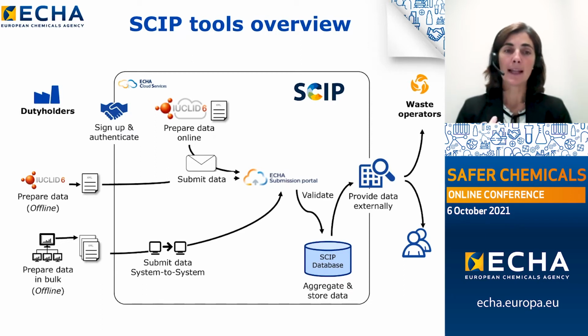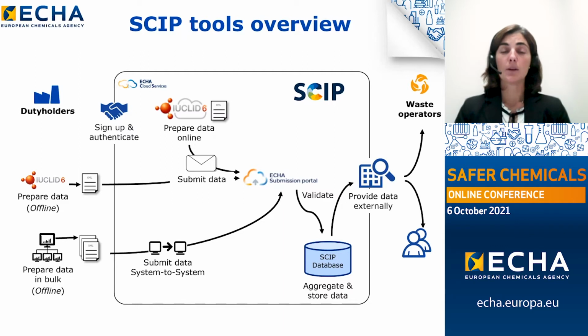Then these companies can connect their system with the ECHA submission portal to submit the data using the system-to-system service. This interaction between the company's IT systems and the ECHA submission portal is performed using a predefined interface, an API.